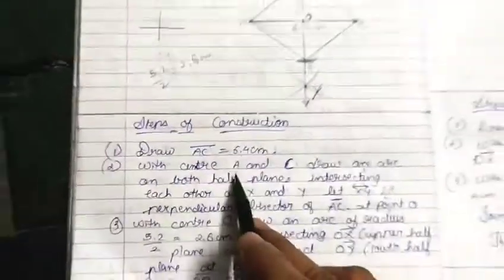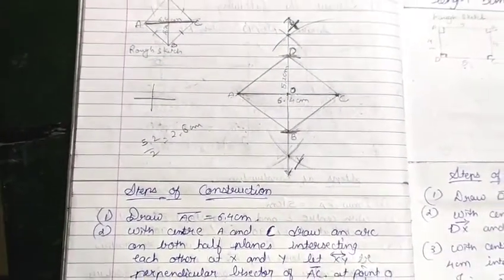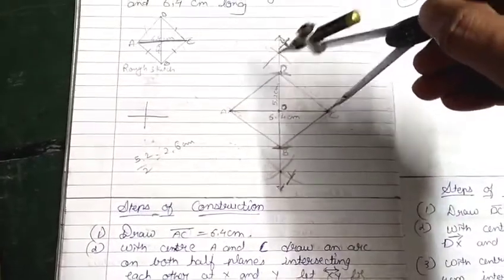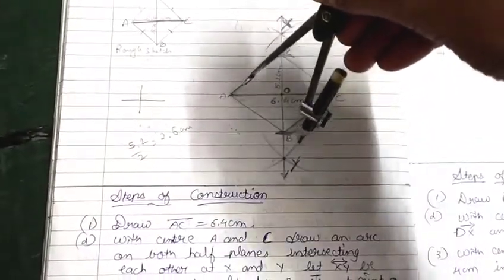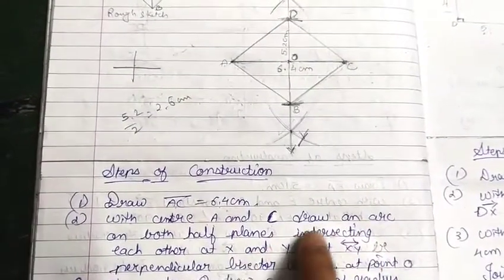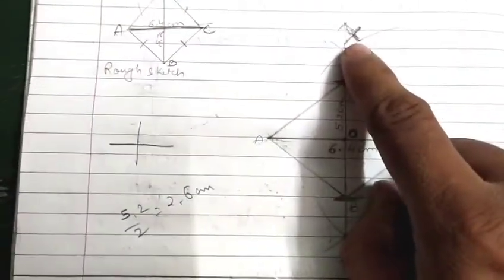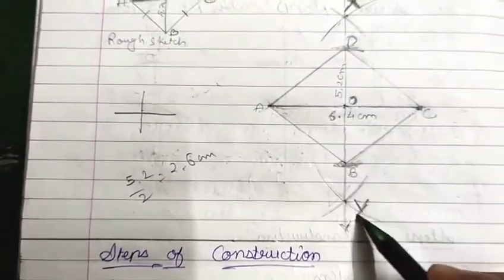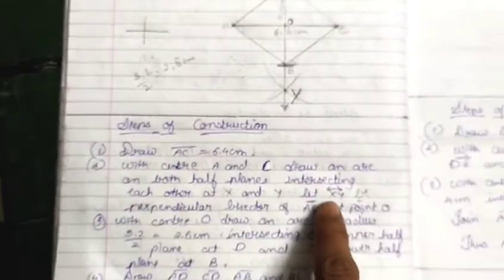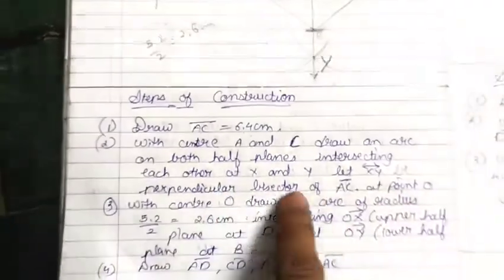Write down over here: we center A and C. Draw an arc on both half planes, upper and lower, one time with C and one time with A. Let them intersect each other at X and Y. Both the arcs intersect each other at point X and point Y. Let line XY be the perpendicular bisector of AC.